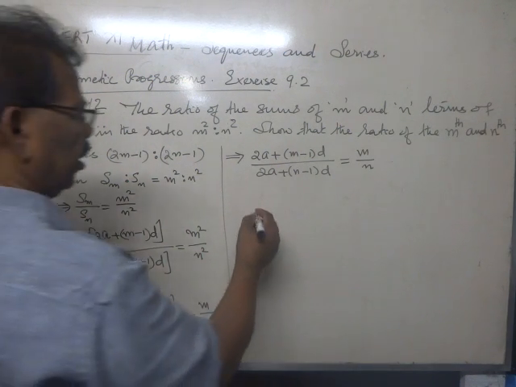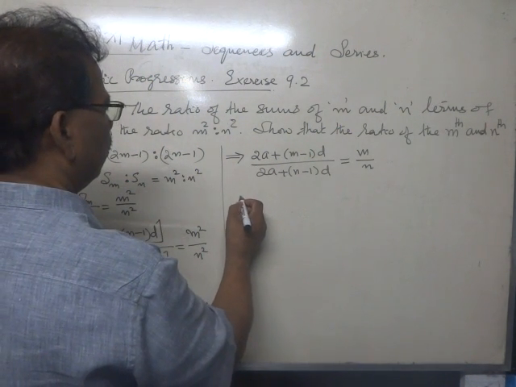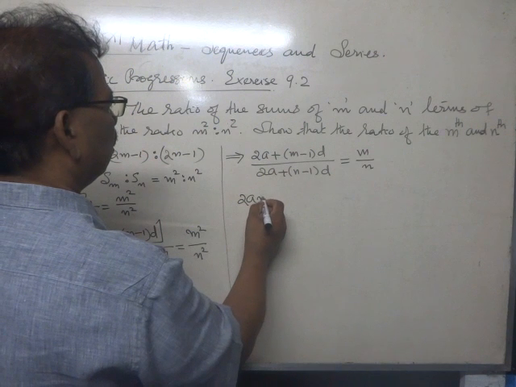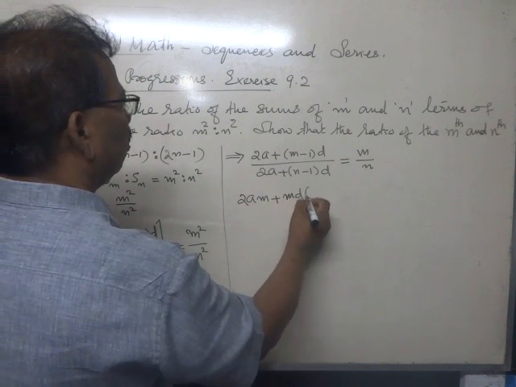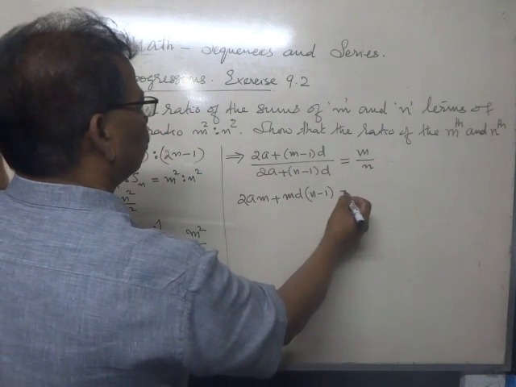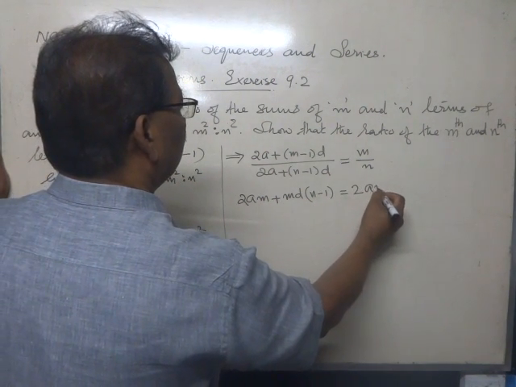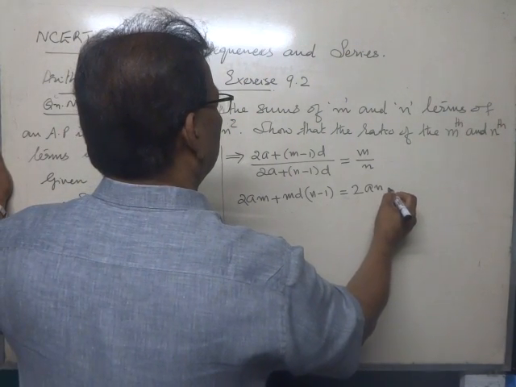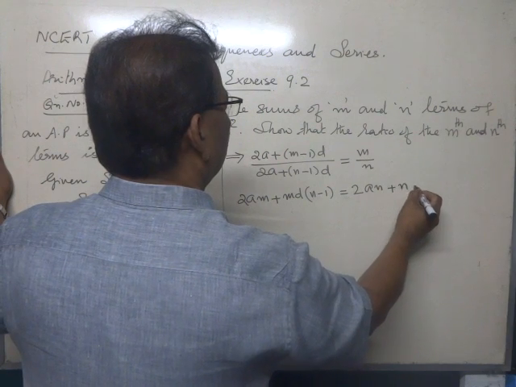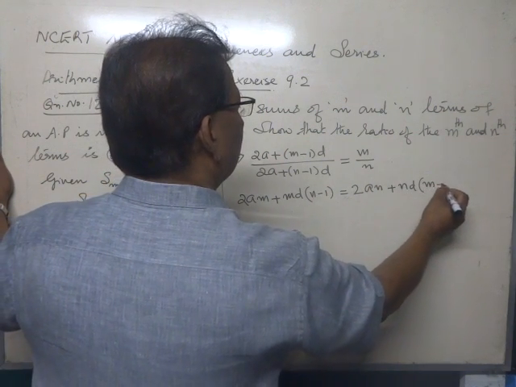Now cross multiplying, 2am plus md into n minus 1 is equal to 2an plus nd into m minus 1.